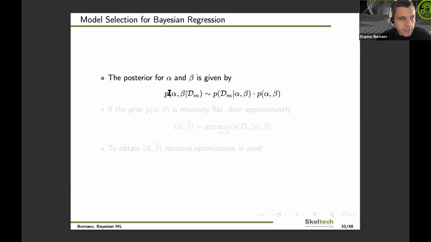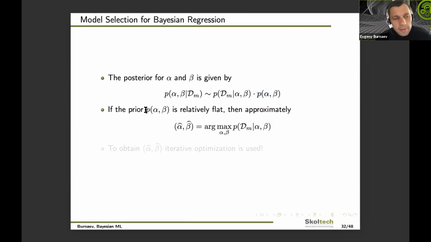According to the definition, the posterior distribution of alpha and beta given the data set is proportional to the likelihood of the data set given alpha and beta, multiplied by the prior on alpha and beta. Let's assume that the prior distribution here is almost constant. This is the assumption. Like, if this is alpha, the prior distribution over alpha is almost uniform. So this function doesn't depend on alpha and beta at all, or depends on them not significantly.